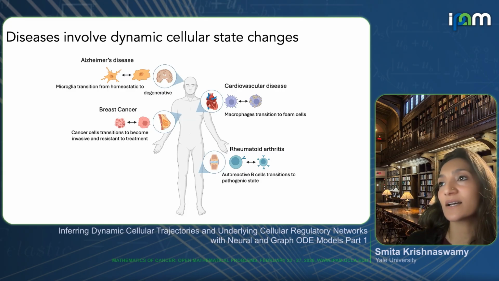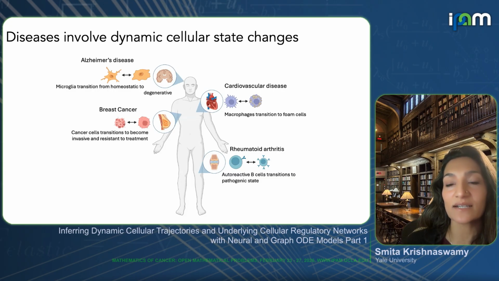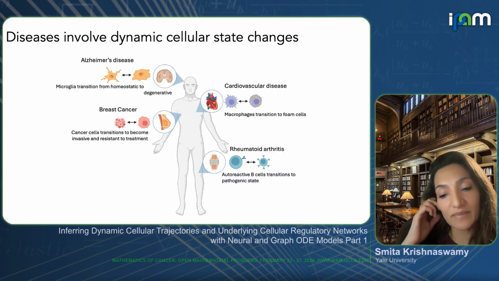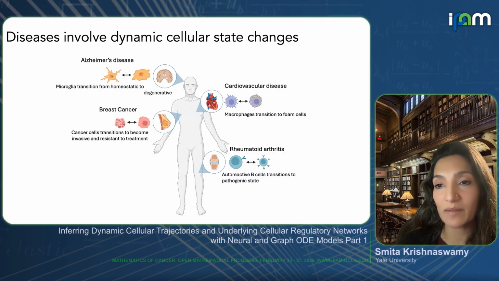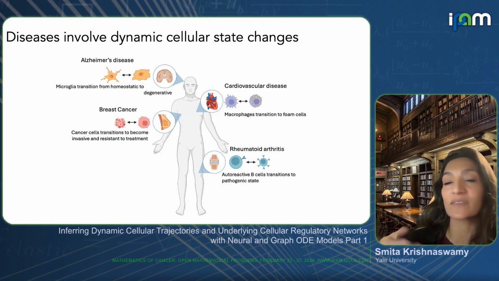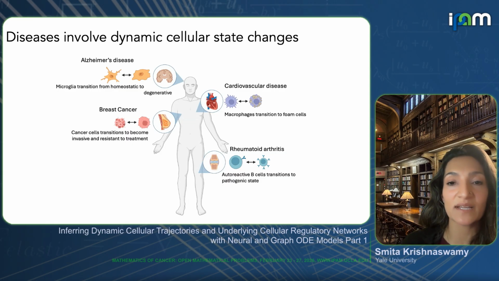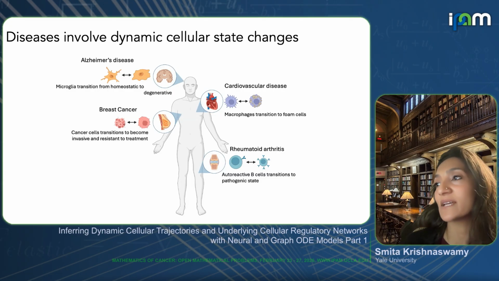Today I'll have a running example about breast cancer, which we're working on. The cells can start, even if they're cancerous, in the mammary tissue. Initially, they can be quite a benign cancer, and then they can transition to being sort of a metastatic or more invasive state.